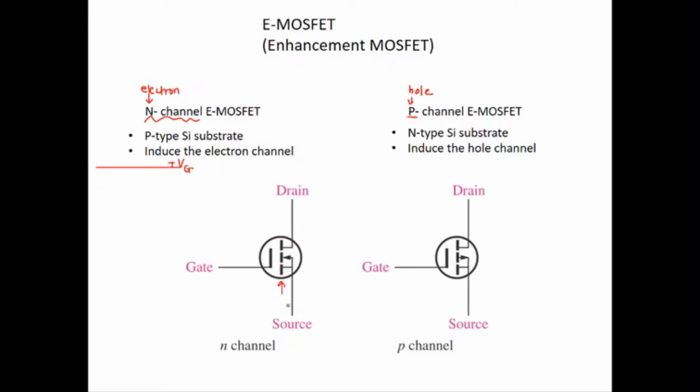So you need to apply voltage at the gate in order to connect the drain and the source. To distinguish between the N channel and P channel, you see the arrow here: the N channel arrow points in, the P channel arrow points out. The terminal with the connection to this middle arrow is the source.